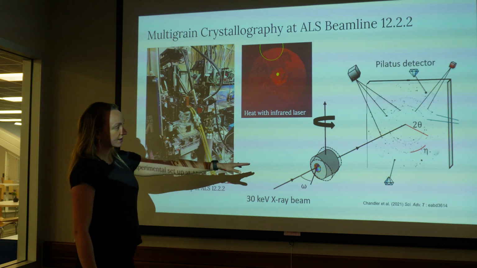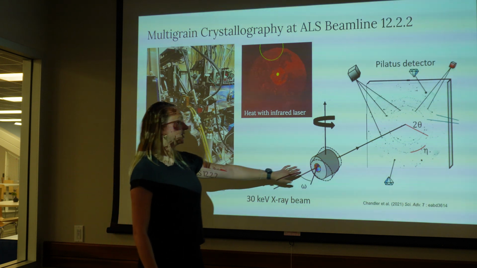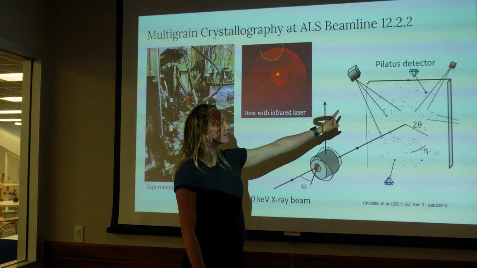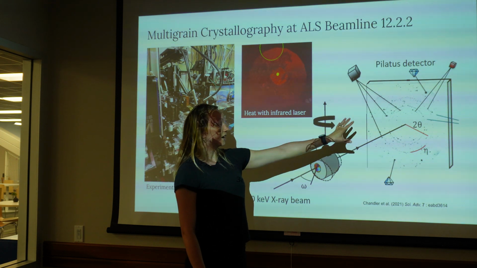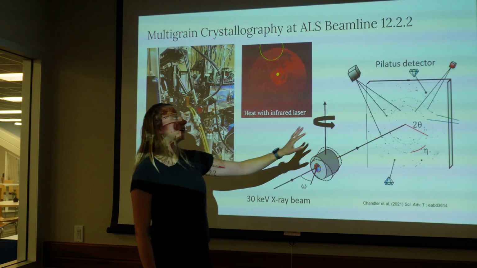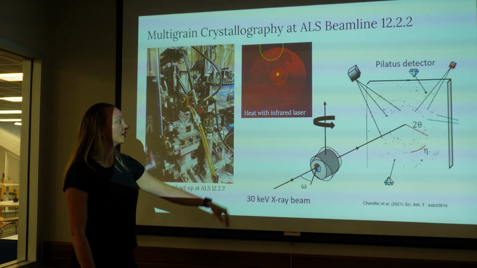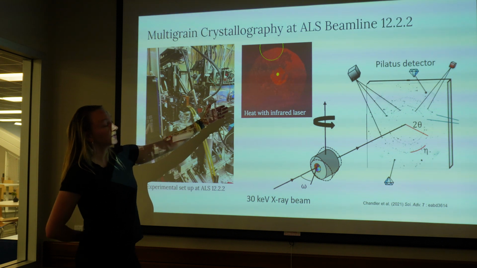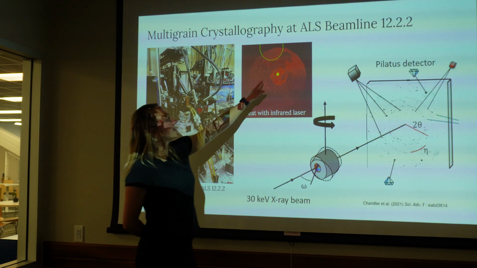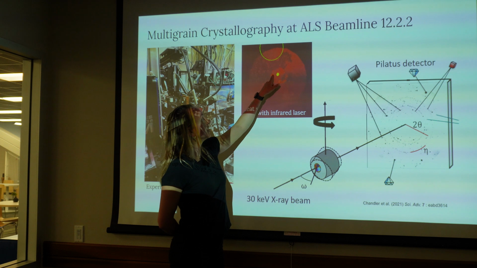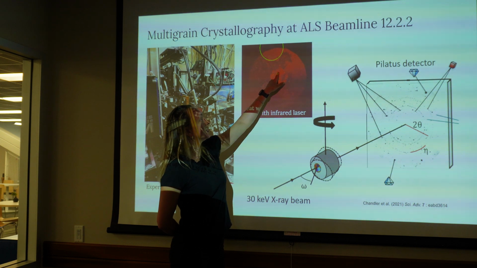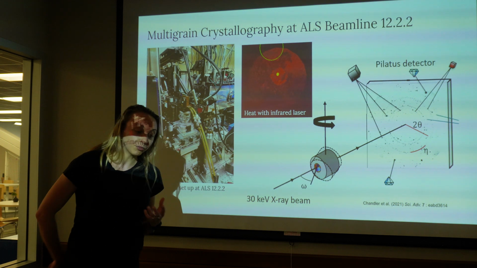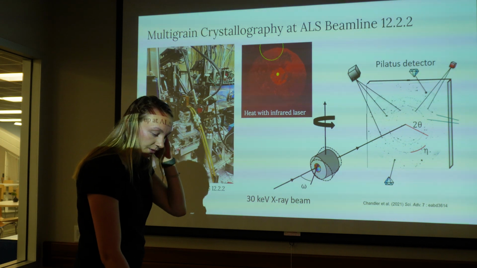In the schematic, this is our diamond anvil cell, this is our X-ray beam hitting the diamond anvil cell, and this is an example diffraction pattern that we measure on a detector just beyond that. This is what it looks like using some cameras. We can see this is our sample right here, and we heat it with this infrared laser. We scan that laser around to heat it and transform it to bridgemanite perovskite, which is the mineral I'm studying.